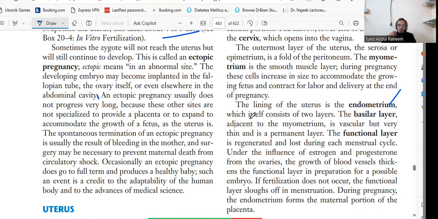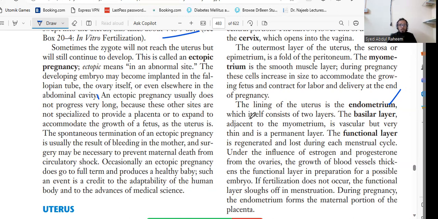So what will happen? Contraction will happen to remove the functional layer. During that process, the basilar layer, which has a large number of arteries and veins, also ruptures, and the blood will come. So there is the release of dead cells, the ovum, and the functional layer, because it was not utilized. If it were utilized, the functional layer would still be there.